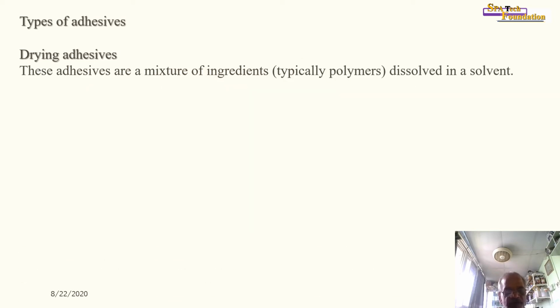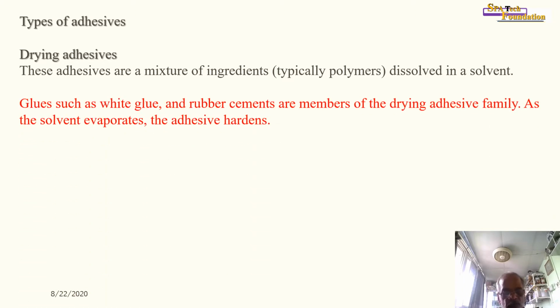Types of adhesives. Drying adhesives. These adhesives are a mixture of ingredients, typically polymers, dissolved in a solvent. Glues such as white glue and rubber cements are members of the drying adhesive family. As the solvent evaporates, the adhesive hardens.